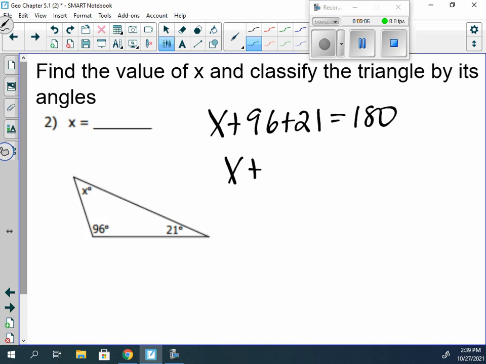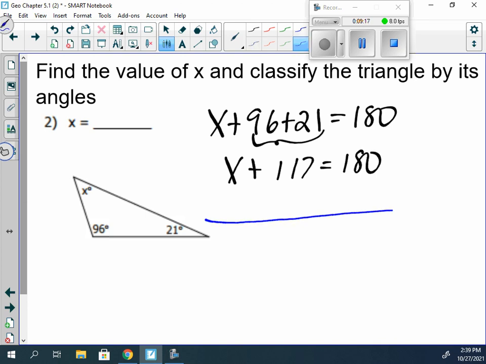Now, we can add our like terms, 96 and 21, which would be? And then what can we do? Subtract 117 from 180.